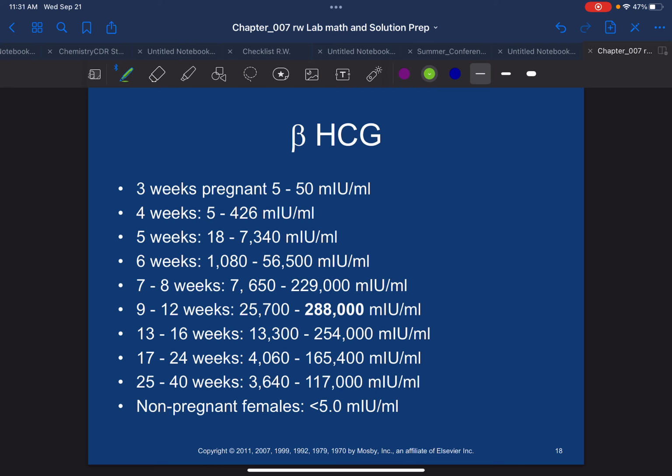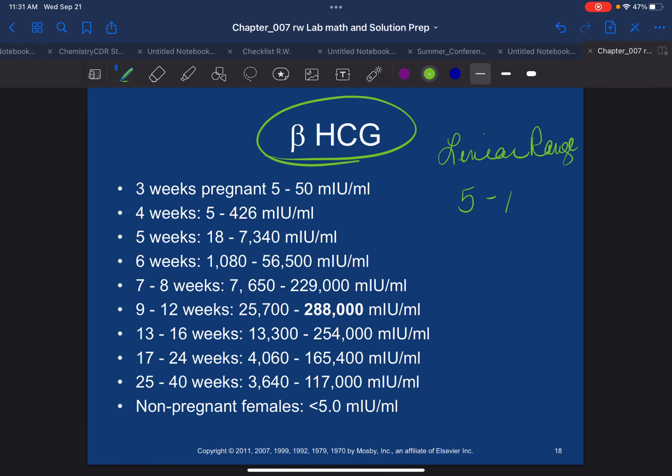So this is an example of why we would need to dilute. Beta HCG, remember, is the analyte that we measure to tell if someone's pregnant or not, and we can estimate how far along they are because it doubles, or logarithmically increases, along the way. Let's say the linear range for beta HCG is 5 to 10,000, measured in international units per milliliter.